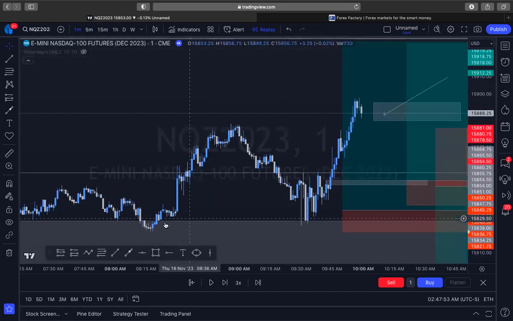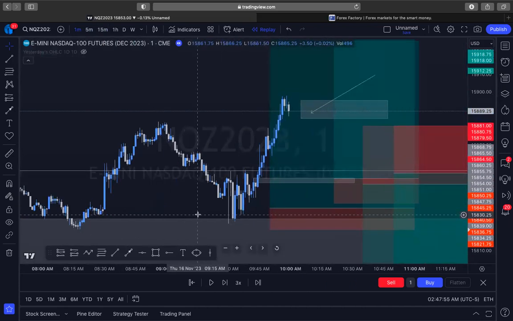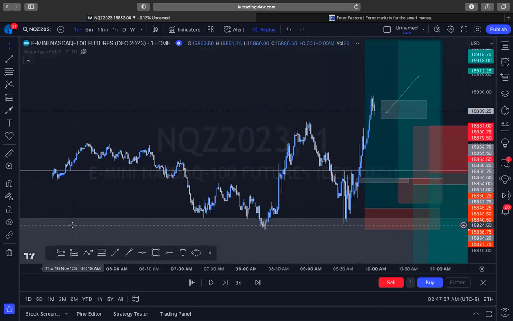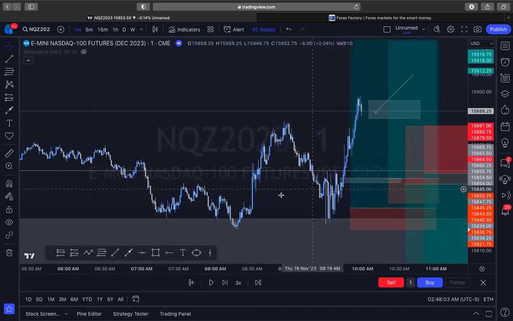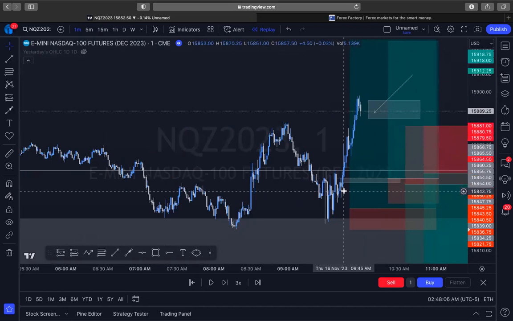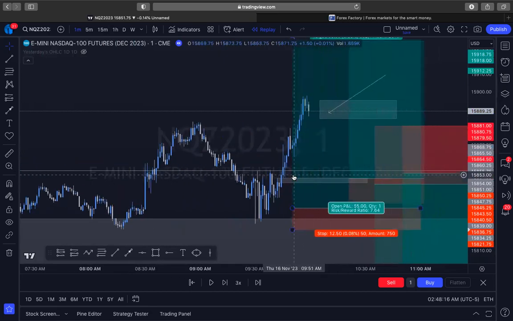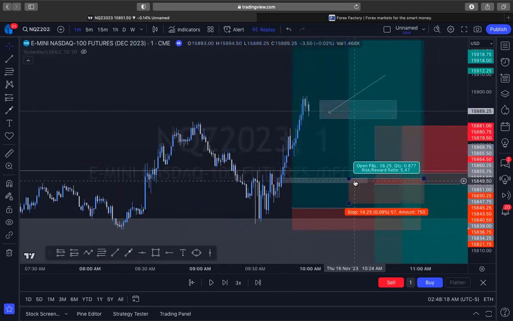So I saw that we were respecting this area here, but sometimes you can tap into a fair value gap and it can reverse immediately, and you can see that here, right? I didn't take a trade here at the beginning. I was waiting for my hours, which were between the hours of 10, you can see it's roughly 9:40, 9:50 here, and 11. So when I saw this, that's where I wanted to enter.